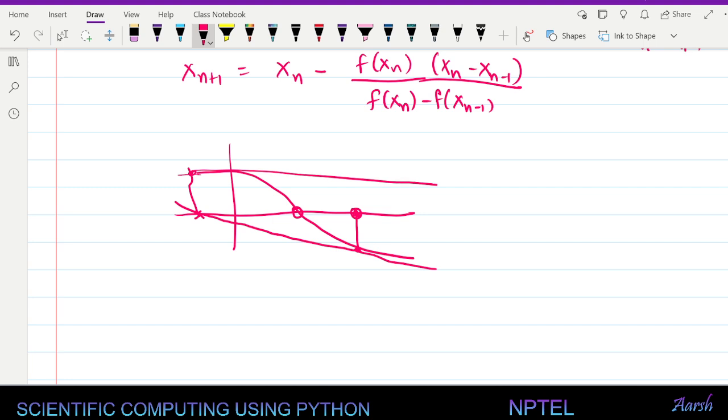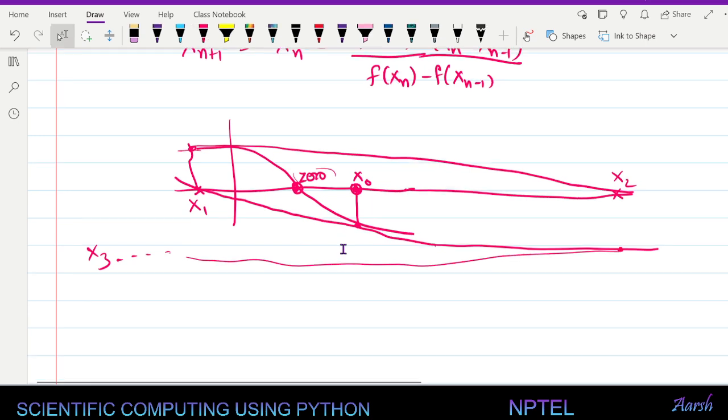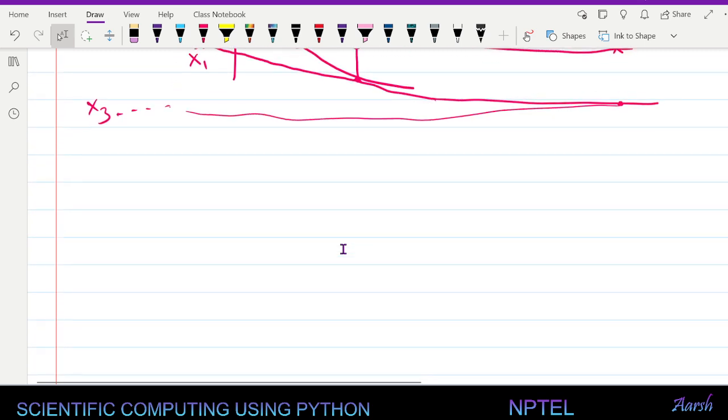This tangent is almost parallel to x-axis, so you go even farther. So this was your 0. You started with x0 in hope of finding this location, but you went farther and farther. Okay, and if you do again, then you will see that x3 is very far. Okay, so your solution does not converge to any point, and it might not work, but when it works, it works super well.